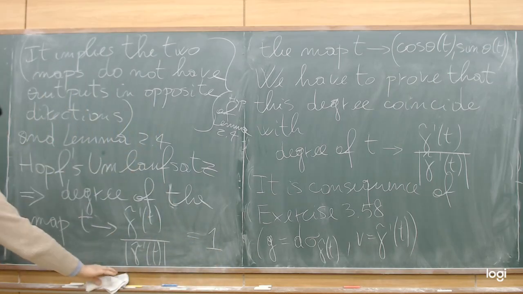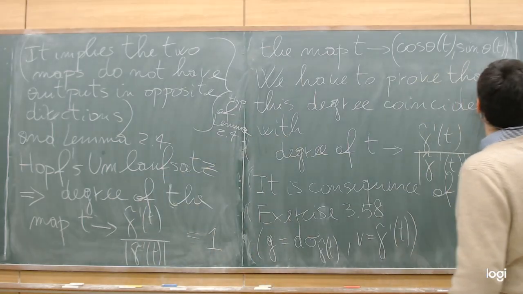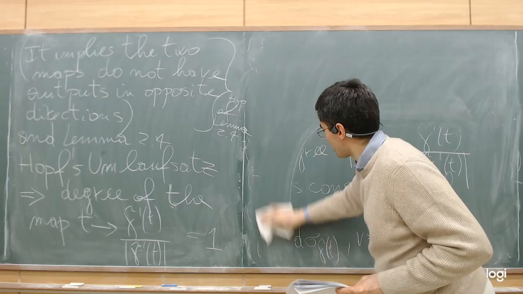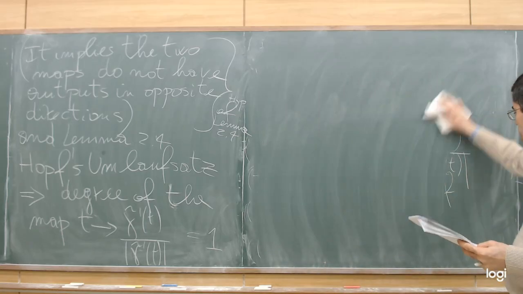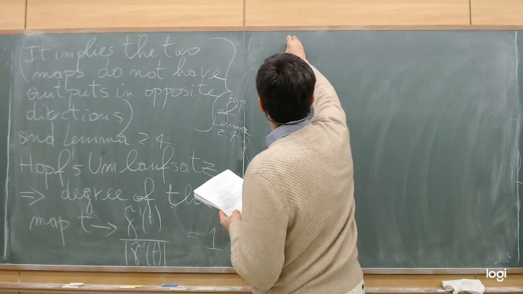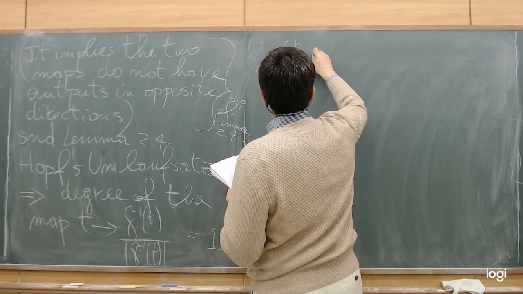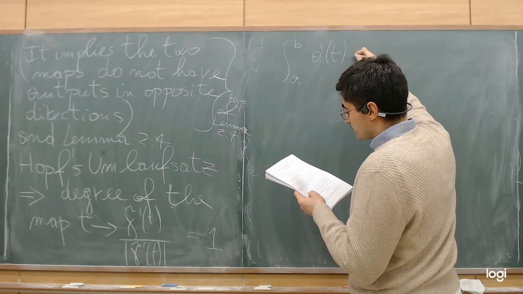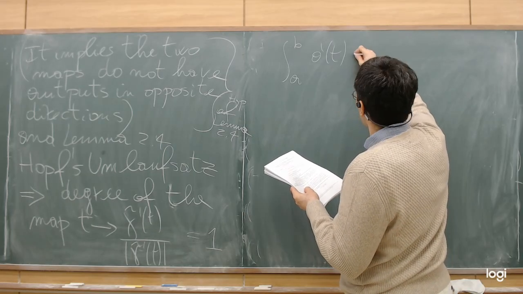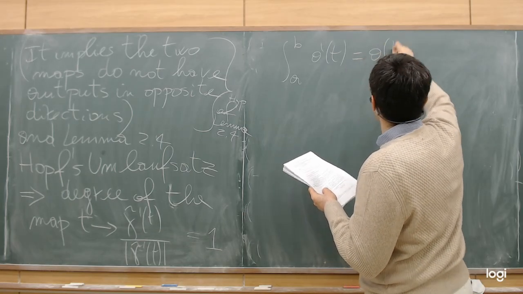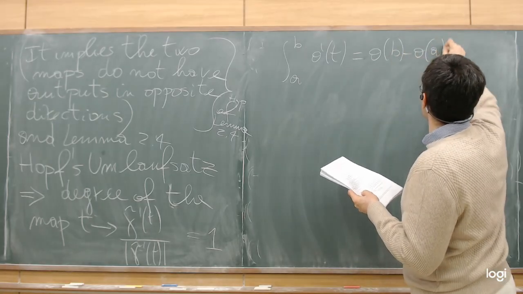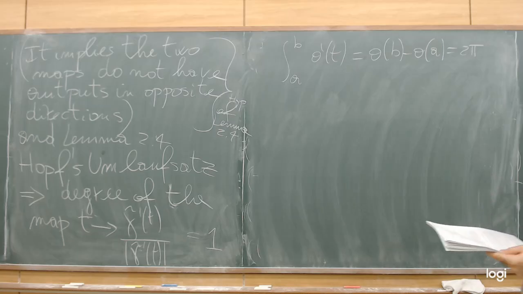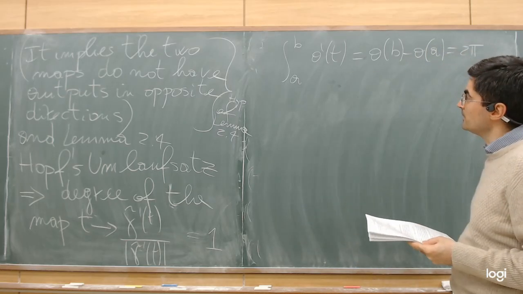And what is the consequence of all of this? That the integral from A to B of theta prime T equal theta B minus theta A, this is just 2 pi. And this is exactly what we needed.